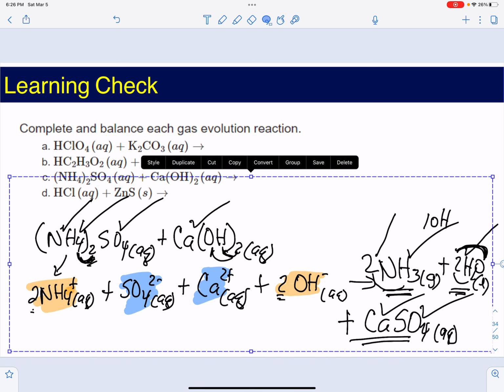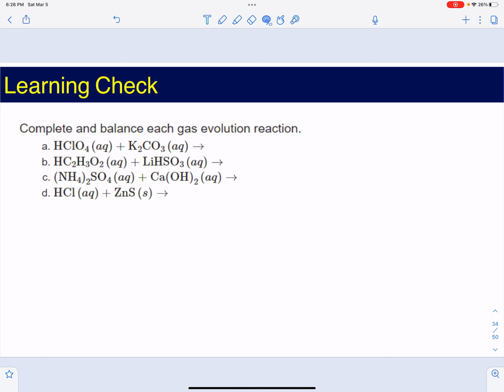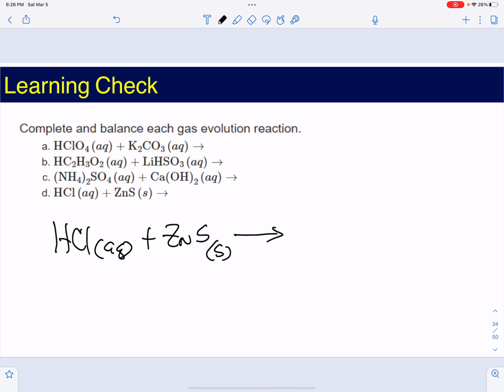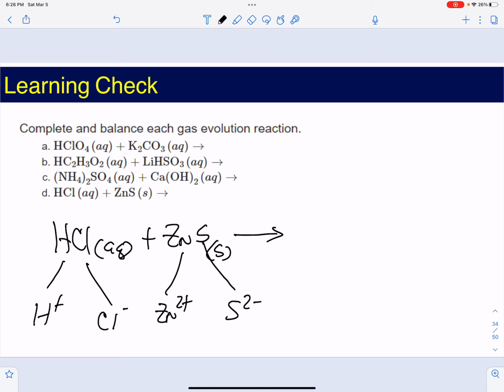And the last one. So be aware of which ones create the gaseous substances. The last one would be hydrochloric acid reacting with zinc sulfide, which is a solid. So once more, H plus, Cl negative, zinc 2 plus, and sulfur 2 negative.